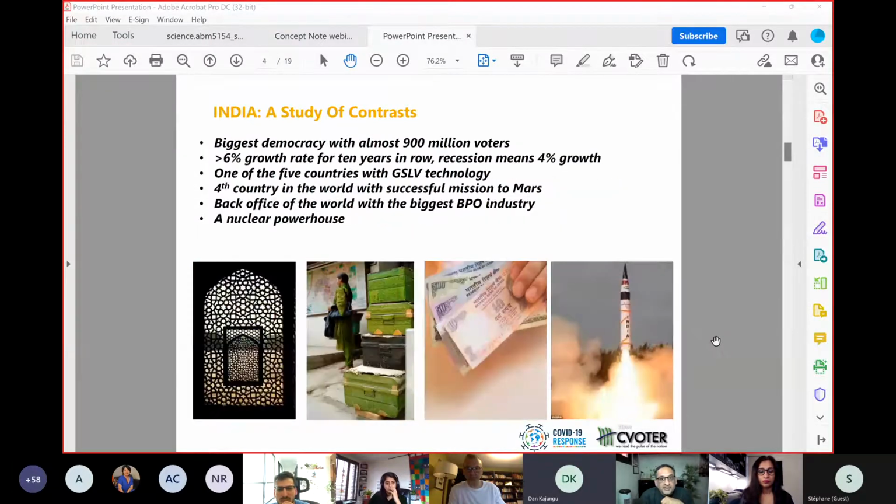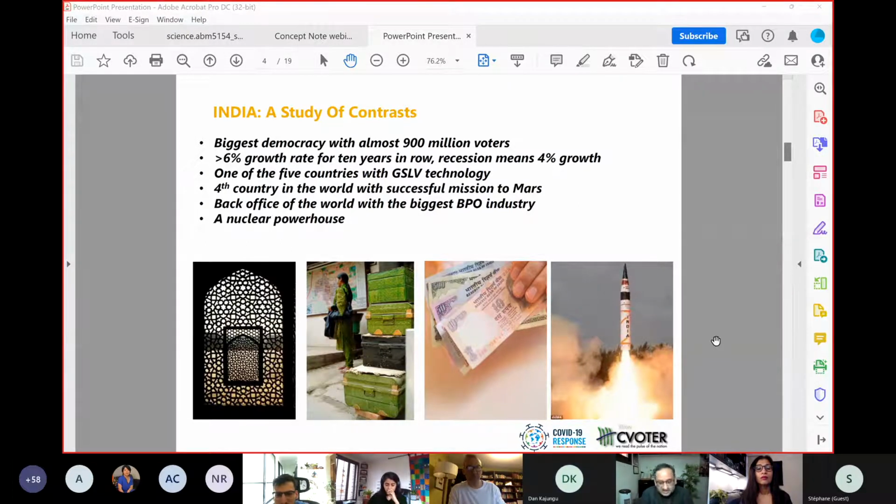But if you look at the other side of India, it's the biggest democracy with 900 million voters. A 6% growth rate plus for 10 years; actually 4% is a recession for us. So that's the kind of economy that we are talking about. One of the 5 countries with GSLV technology, the 4th country to land on Mars, a back office, a nuclear powerhouse.